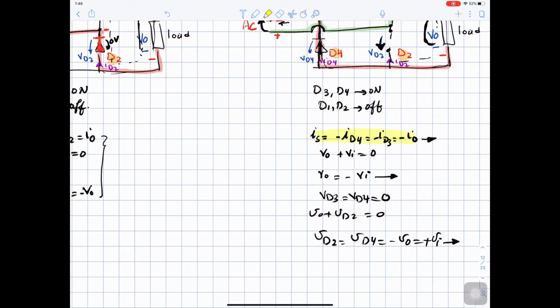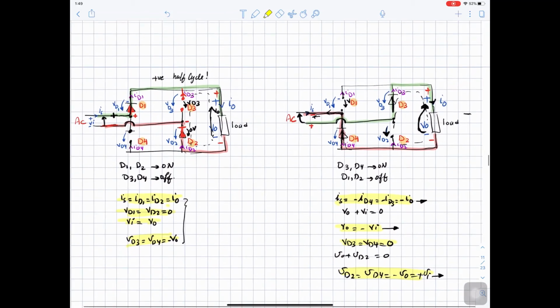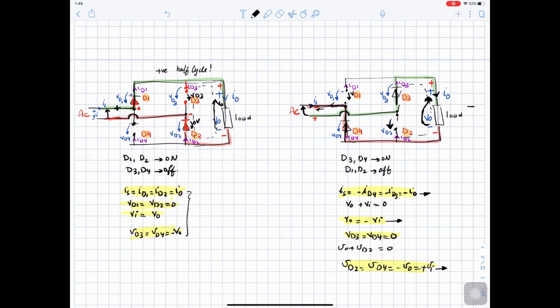This is the first one, second one, third one, and here is the fourth one. So these are the equations for the positive half cycle of the source and the negative half cycle of the source.